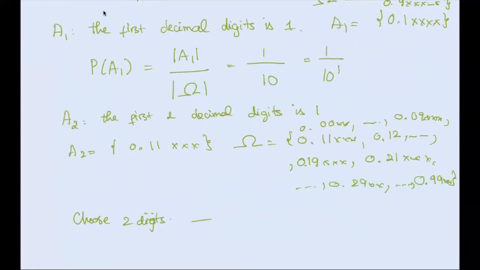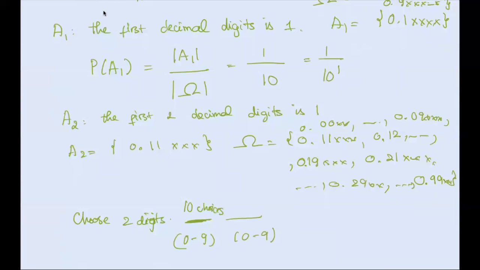So like you have to choose 2 digits. Each of them can be any from 0 to 9. Which means for the first digit, you have 10 choices.